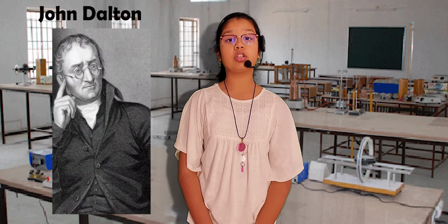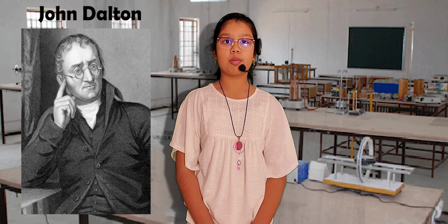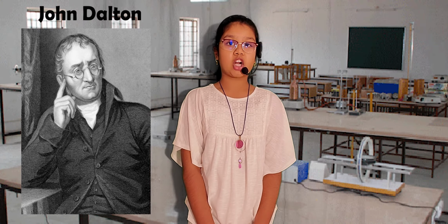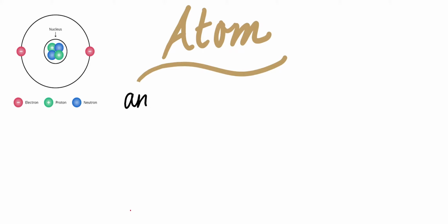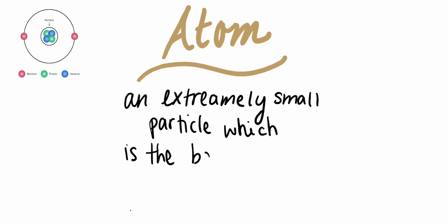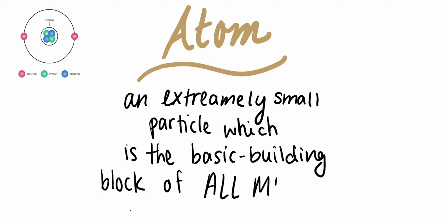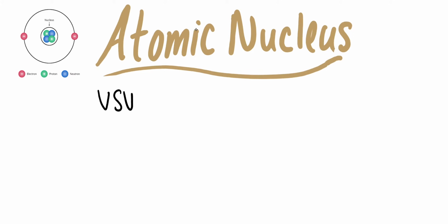In fact, more than 1,000 years later, John Dalton was the first person to propose that all matter is actually made up of atoms. So, what are atoms? Atoms are extremely small particles, which are the basic building blocks of all matter. An atom consists of an inner core called the nucleus and has electrons surrounding it.